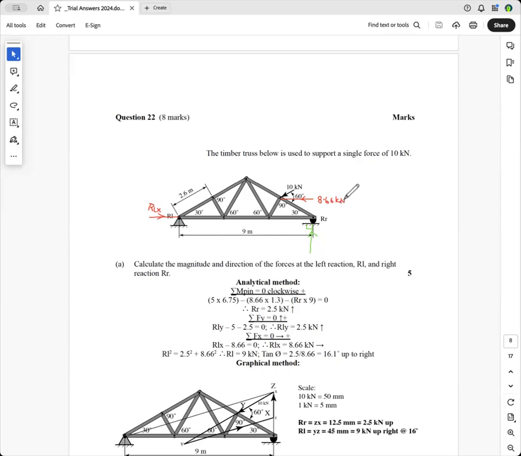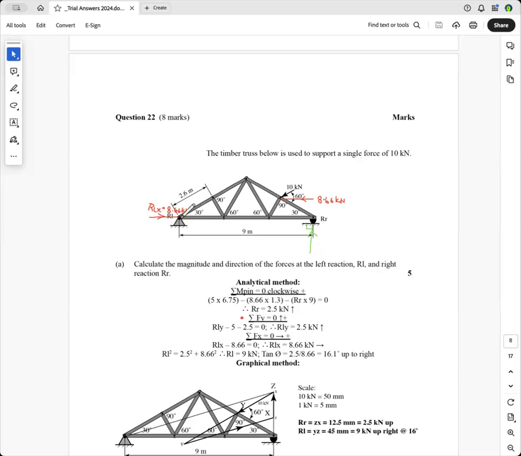And I would be showing the examiner that I know that that is equal to that without having to do this here. So I'd just be putting 8.66 kilonewtons here, because you know the last statement on a marking scale is demonstrates some knowledge of the question.